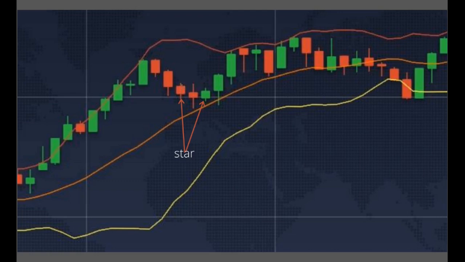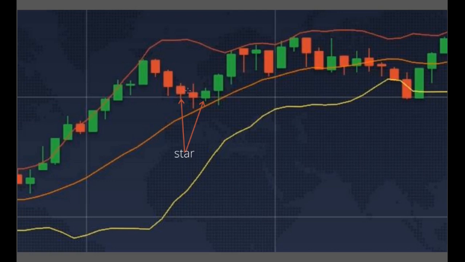Okay, but this particular star also reveals that the bears don't really have that strength in them. You can see the size of the body, this particular body is not big. You can't compare this to this.